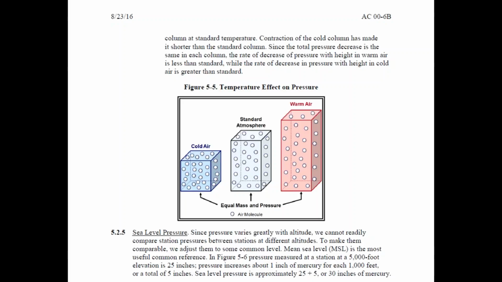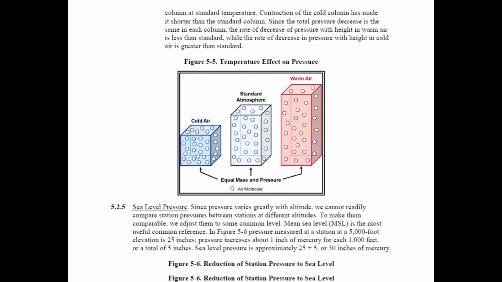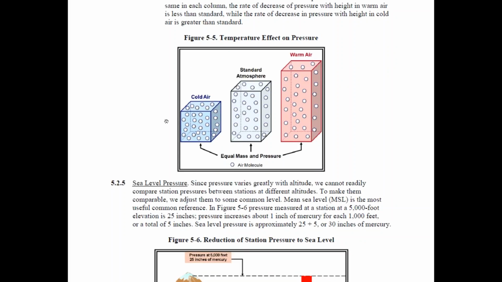If your plane is telling you that you're 400 feet above the ground, but you're really only 200 feet above the ground, you can see the problem, right? So it's important to know the correct altimeter settings.